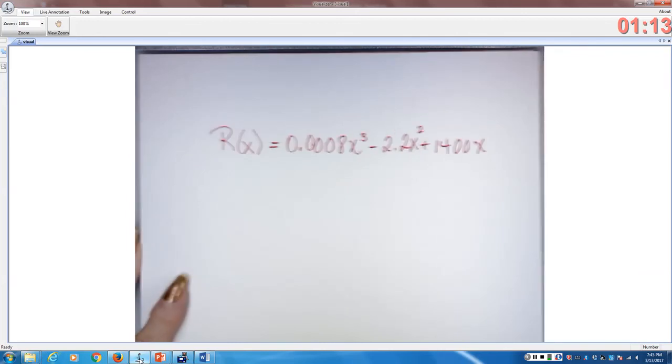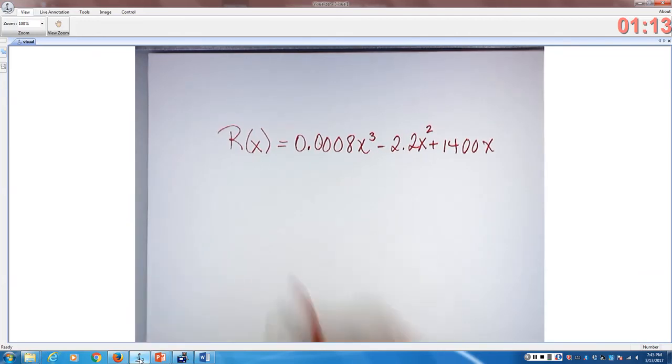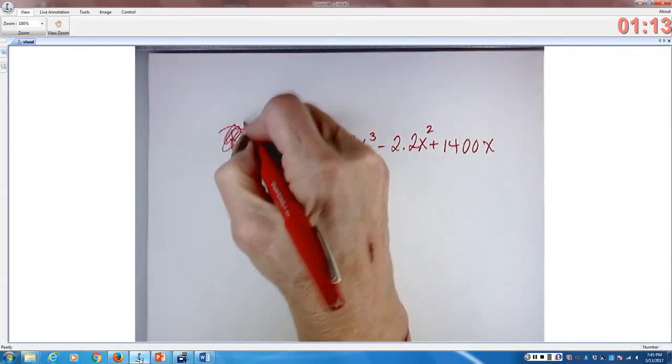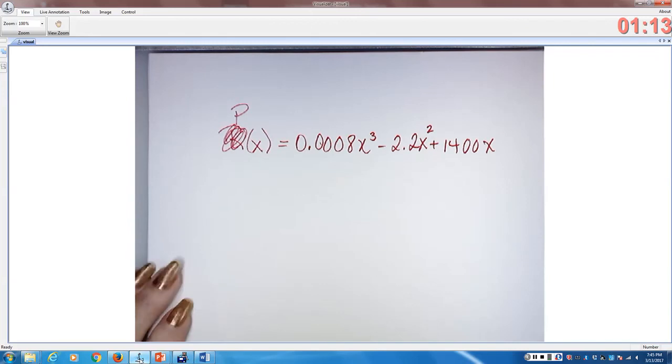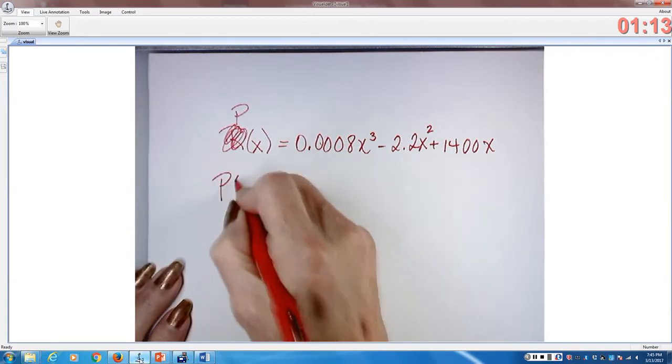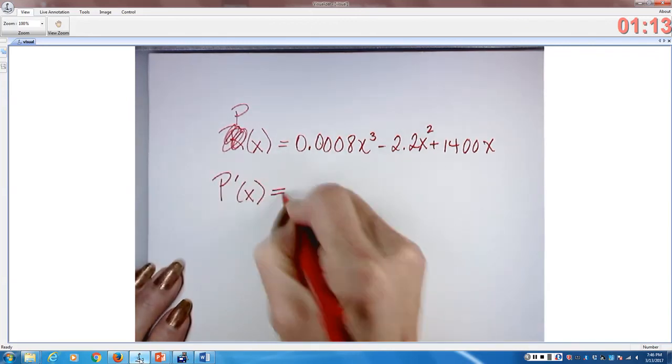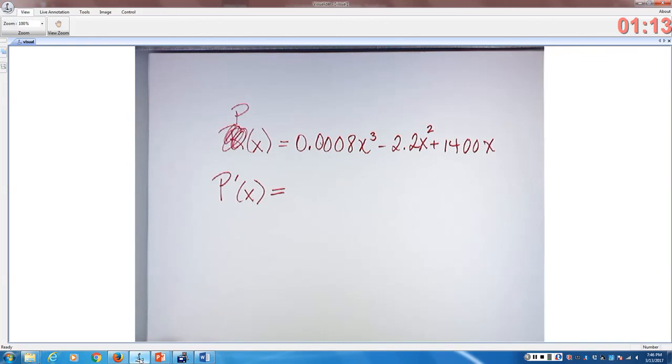There's the function for profit, P of X, I put revenue by mistake. And I need P prime of X. So help me out.